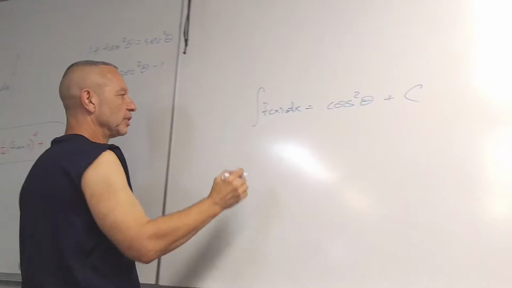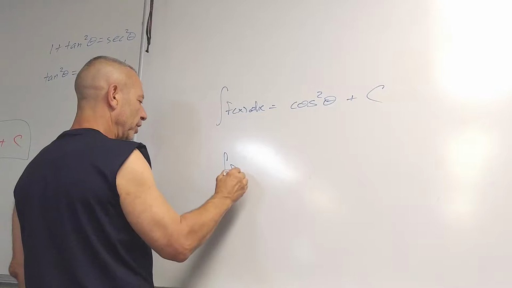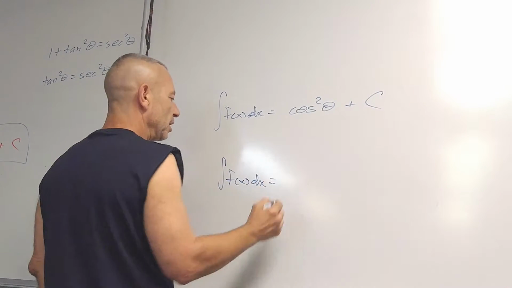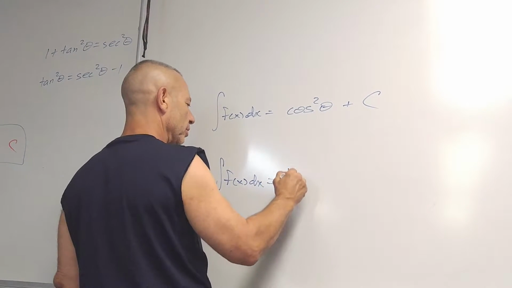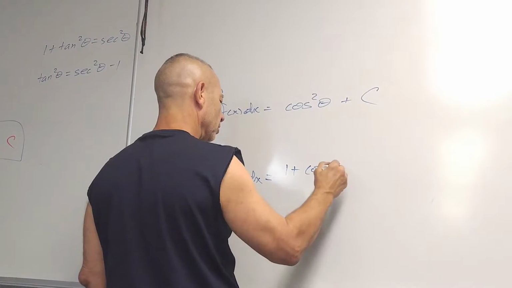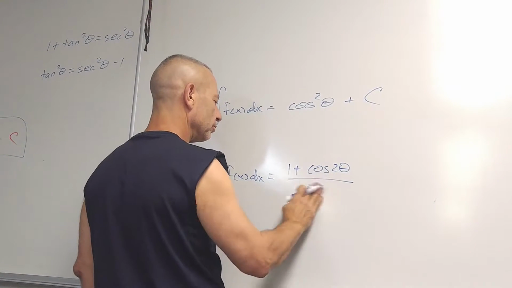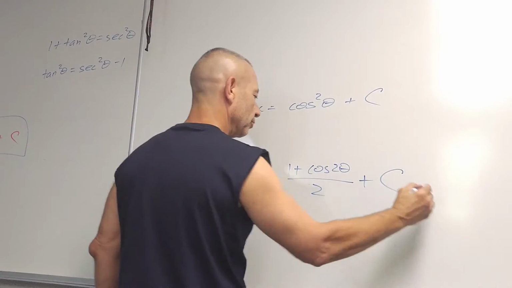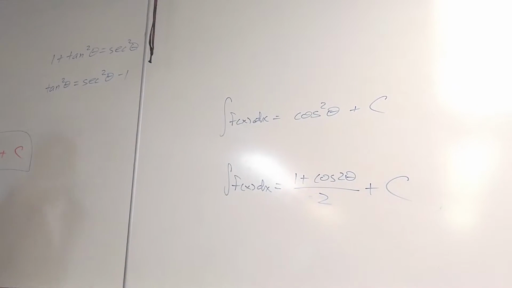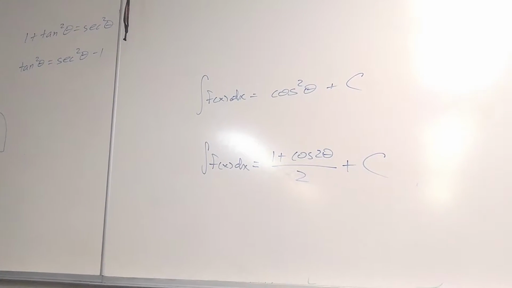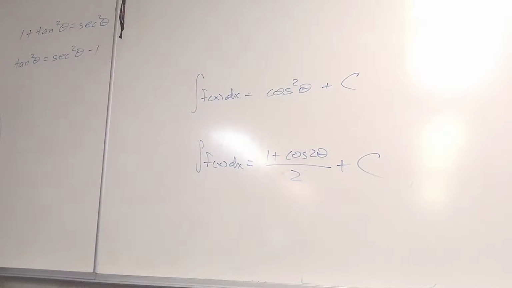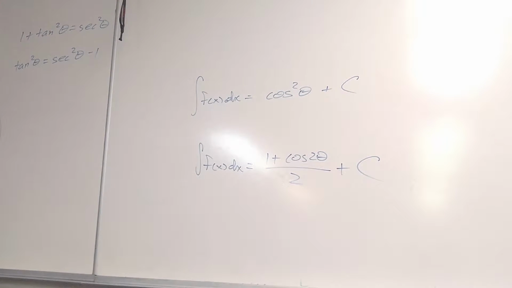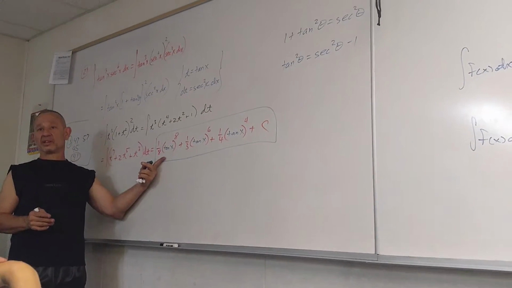What if somebody else integrated that and they wrote this answer like so? Do they get full credit? They're the same thing, aren't they? And that's why you're seeing something different, because these trig functions all can be rewritten. After all, I can rewrite each one of these as a secant, can't I?